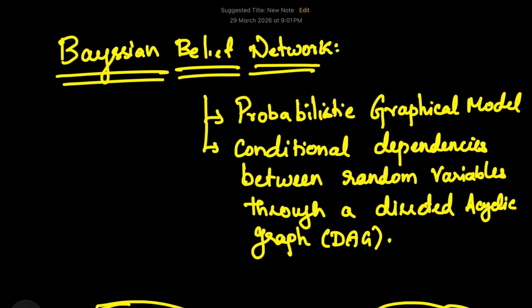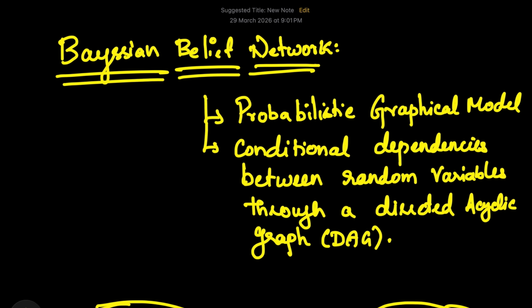In this session we'll be discussing Bayesian belief network. Basically, there's a difference between the Naive Bayes algorithm and Bayesian belief network. The basic difference is that Naive Bayes assumes that no features are dependent on each other, which means each and every feature given in your training data set is independent of each other.